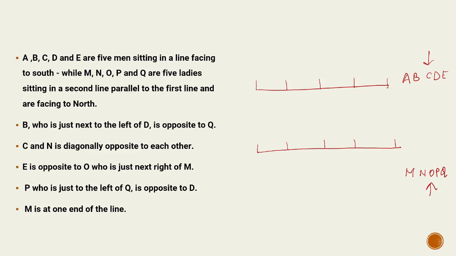Now when I look at the first piece of data, which is B, who is just next to the left of D, is opposite to Q. Now this is not a definite data because this is comparative data.